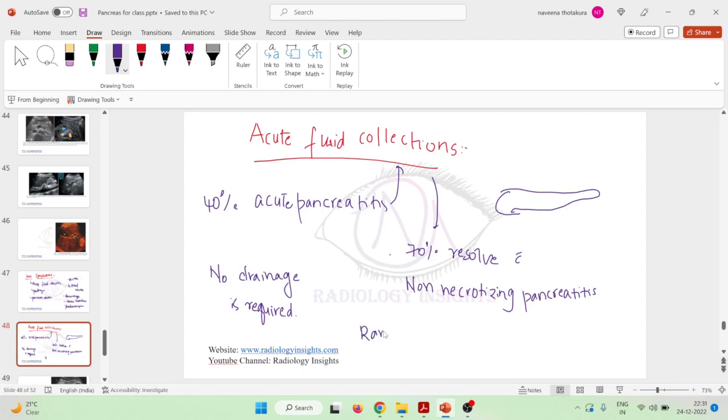Rarely, if a super infection occurs, then drainage or surgical intervention might be required; otherwise, in 70% of the cases it resolves on its own with non-necrotizing pancreatitis.